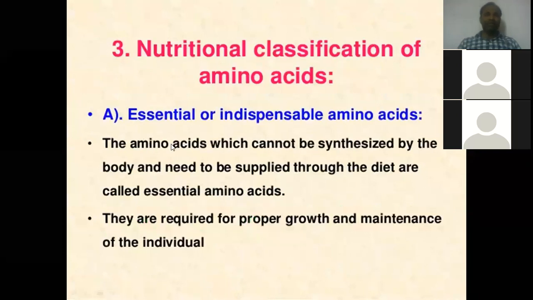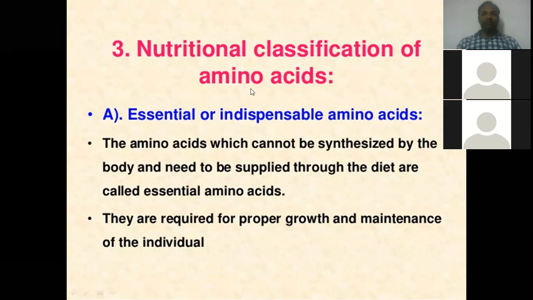Now the classification of amino acids on the basis of nutritional values, right? So this is the third category of classification of amino acids, nutritional classification of amino acids. ठीक है, तो amino acids को यहाँ पे on the basis of nutritional values classify किया है. सबसे पहला देखेंगे हम लोग the essential or indispensable amino acids, right?